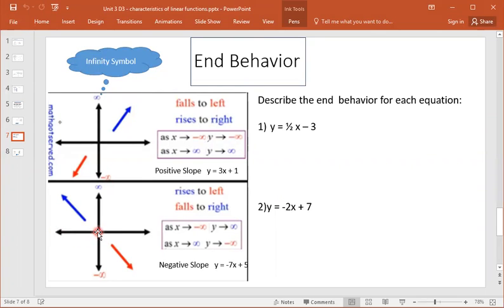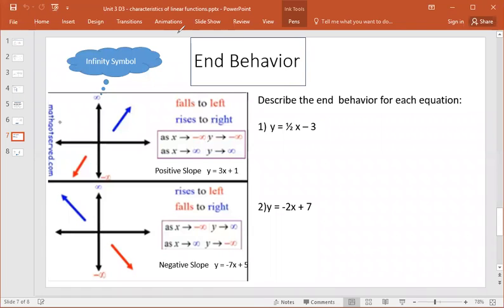And you can see as x approaches positive infinity, the line is going down, so y approaches negative infinity. Y just means what is your graph doing? So that would be as if I looked at a negative slope line such as y equals negative 7x plus 5.